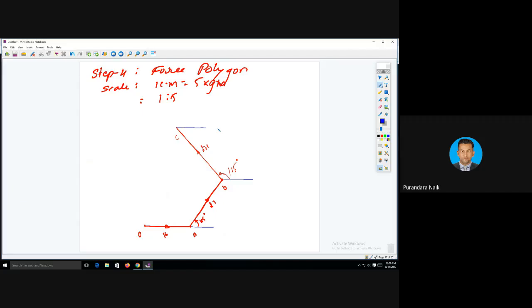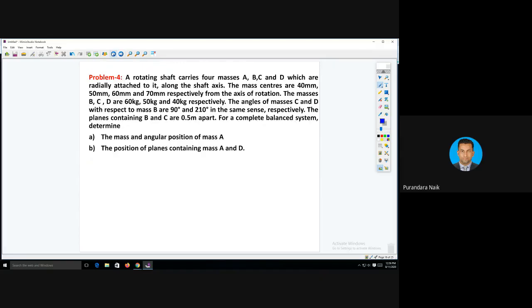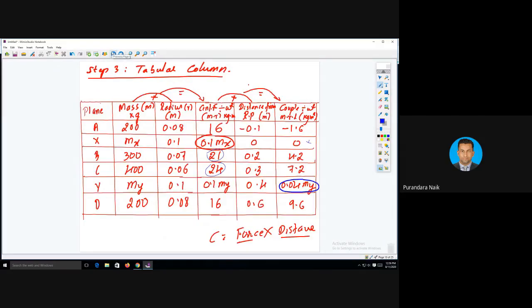After C, now we need to go to the tabular column. Let us go to D, the last one. Otherwise, you can draw this one also, no problem. But the length is 0.1 into 180, since my is known. So this will be 18, because we know the value of my in the couple polygon. Multiplying this gives a known value, 18, and the angle is 345. Otherwise, you can directly go to the next number.